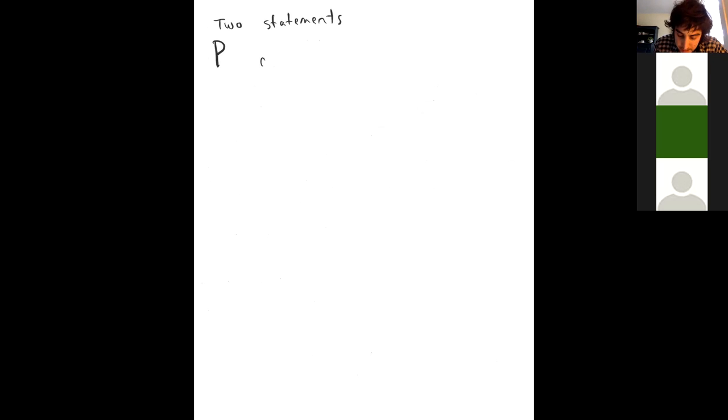You have two statements, P and Q. The question is, depending on the truth or falseness of P and Q, when is the statement P and Q true? And when is the statement P or Q true? If I have a statement P, it's either true or it's false, right? One of those things has to happen.